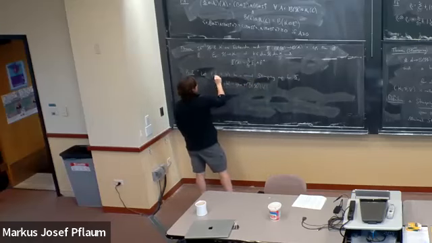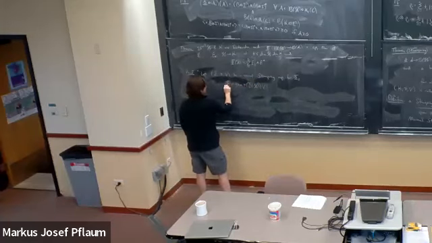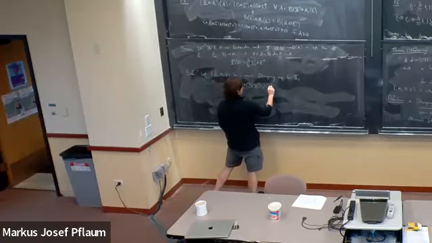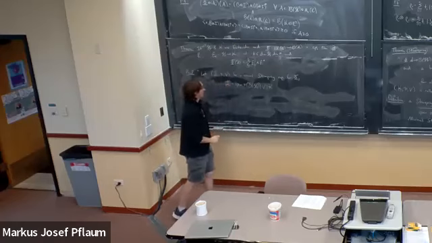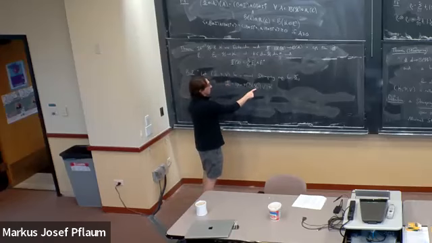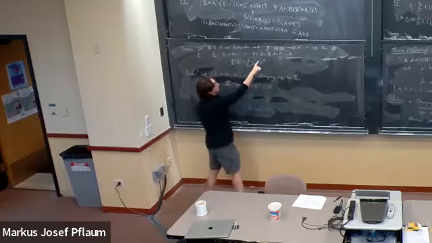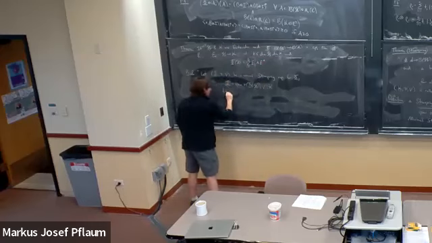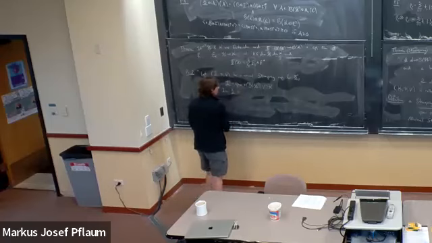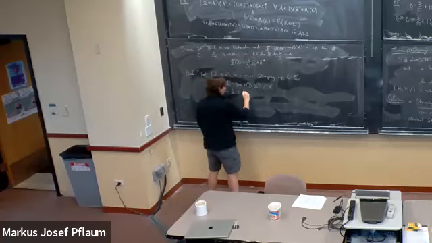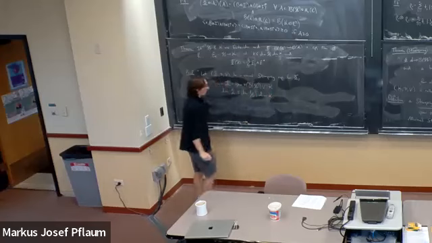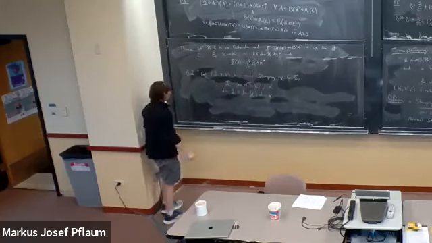Let's call this L. Good. And the dimension of this, well, B of H has dimension of H squared. So the dimension of L is therefore less than or equal to dimension of H squared times the dimension of K.